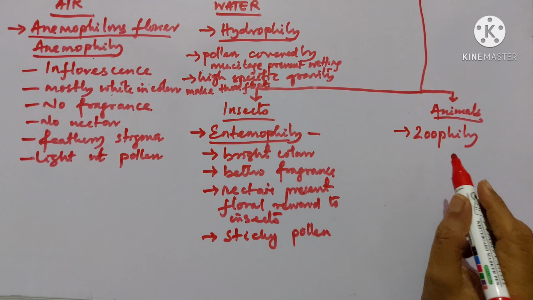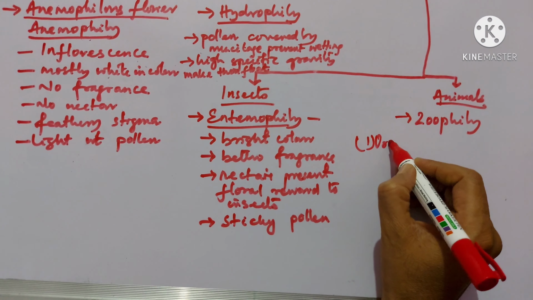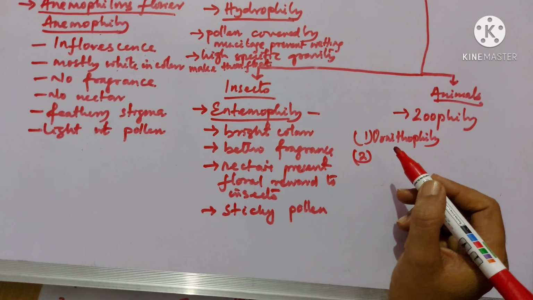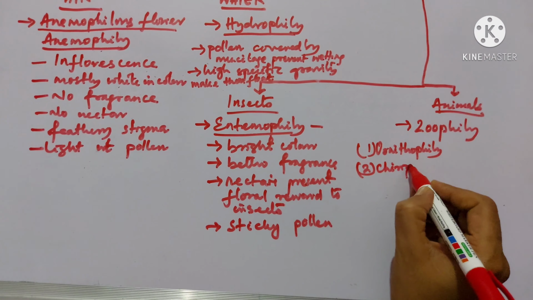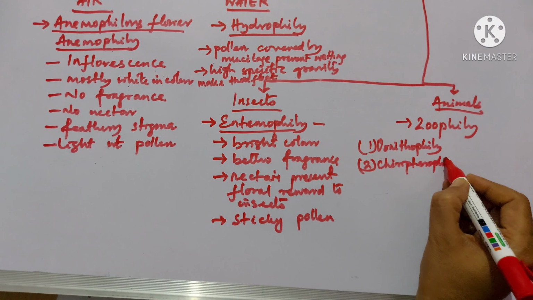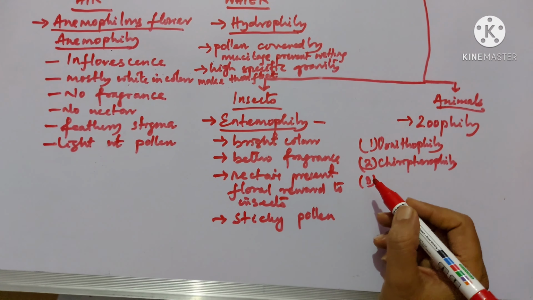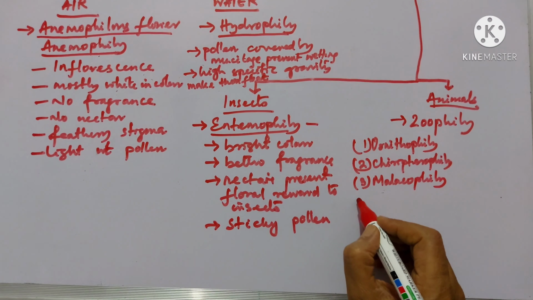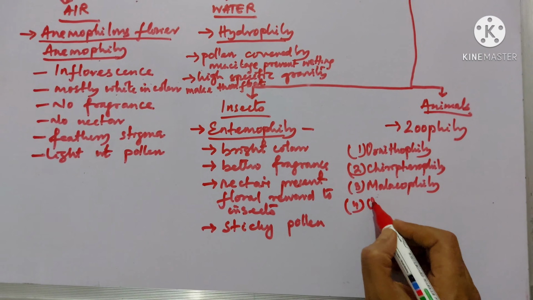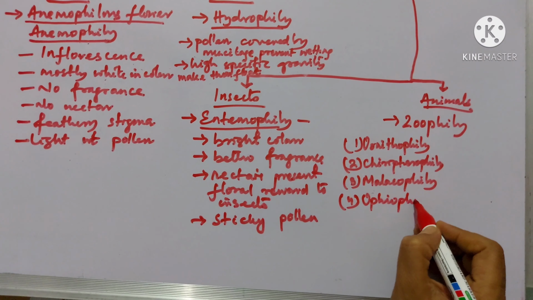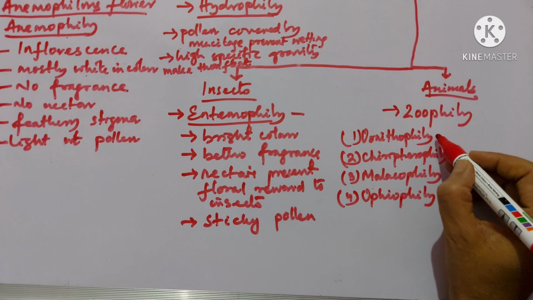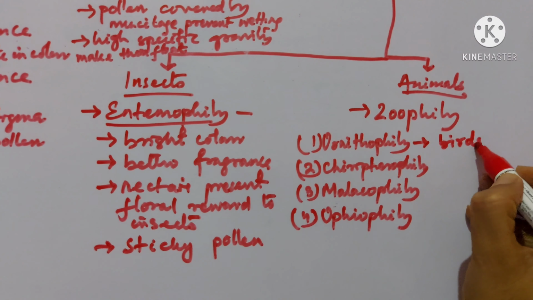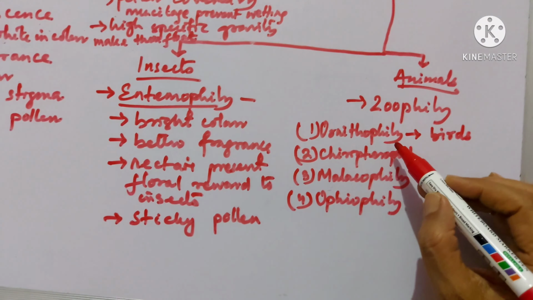These are of various types: ornithophily, chiropterophily, malacophily and ophiophily. Ornithophilous flowers are mostly large in size and are pollinated by birds, because the study of birds is ornithology.